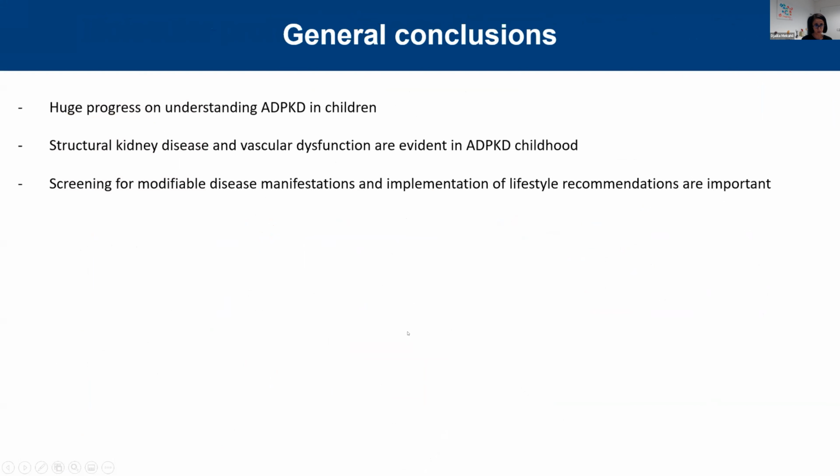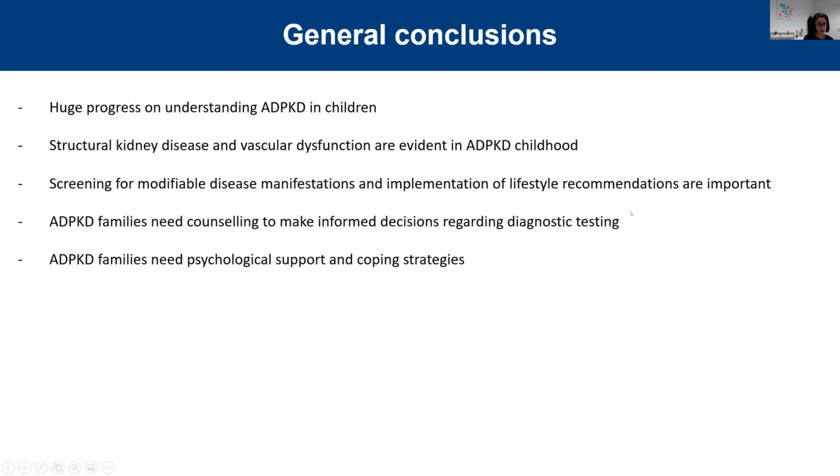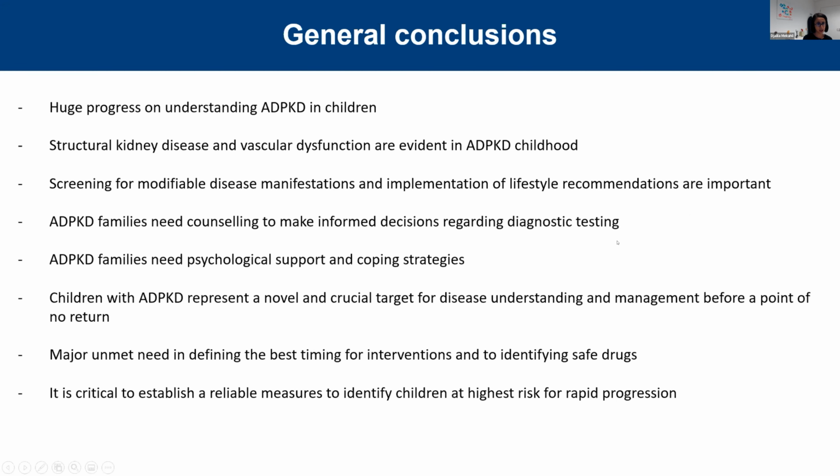So I would like to conclude that we have made huge progress in understanding ADPKD in children, that there is now enough evidence of structural kidney disease and vascular dysfunction already in childhood. Screening for modifiable disease and implementation of lifestyle recommendations are now very important. We would like to highlight that these families really need counseling and psychological support.